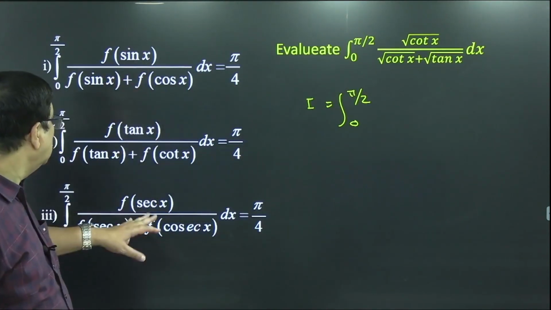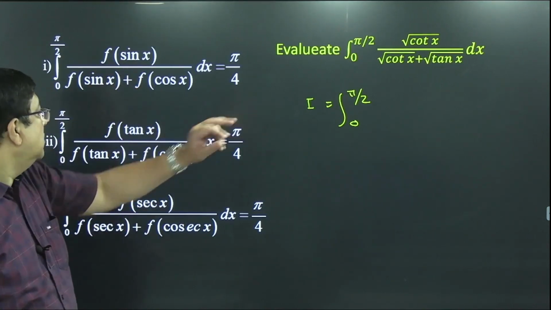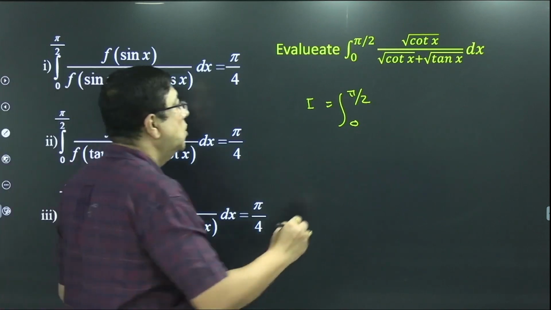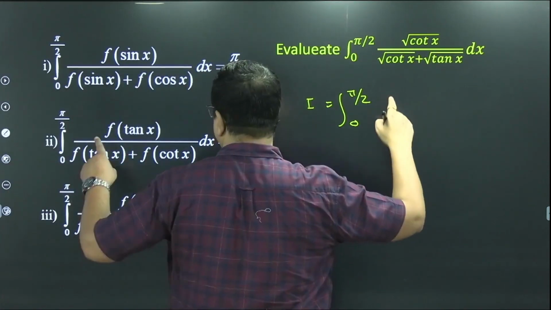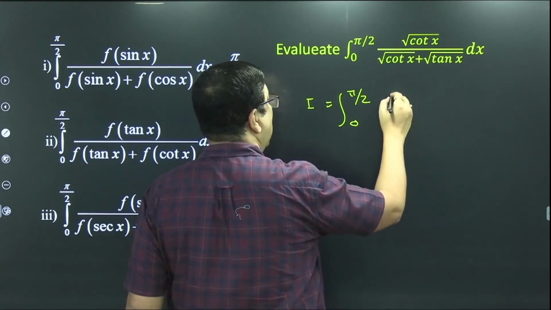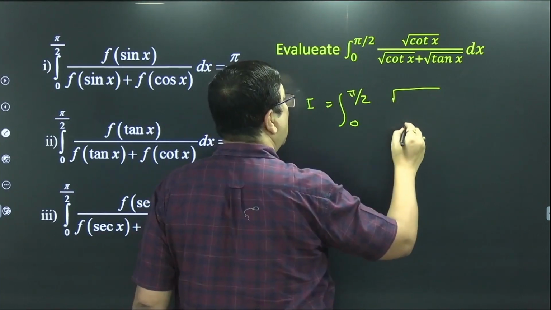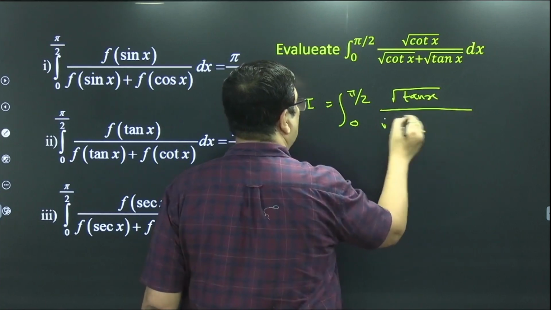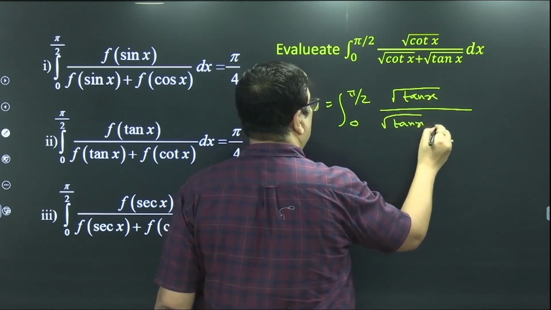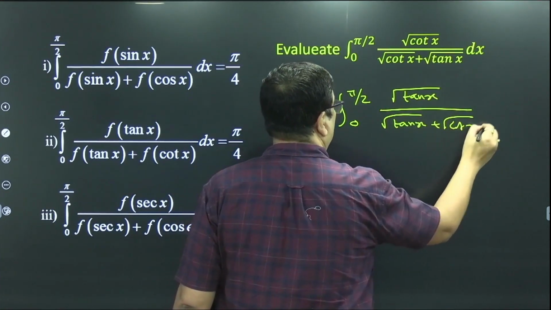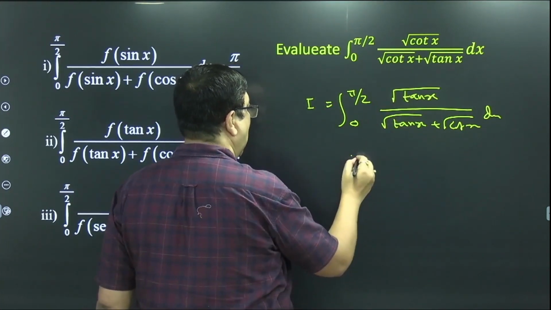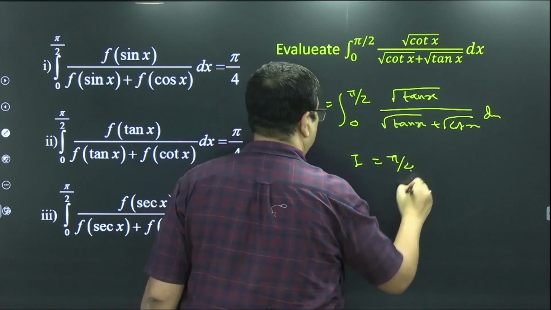In this type of cases, we are getting the answer 2 pi by 4. Actually, it is the application of the king property. In this way, you have to learn, so that in the examination hall we can apply. This is root over tan x, and the denominator is root over tan x plus root over cot x. So I plus I, 2I, it is getting cancelled. So I equal to pi by 4.